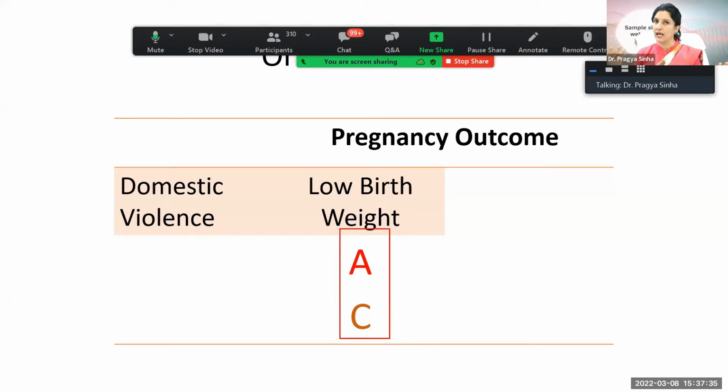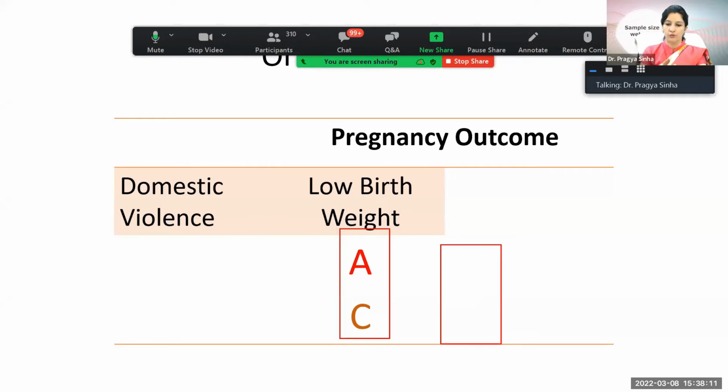Neither absolute risk nor relative risk. The comparison group is missing here. So whether the investigator presents the result in the form of A or in the form of A and C, this is known as the case series.